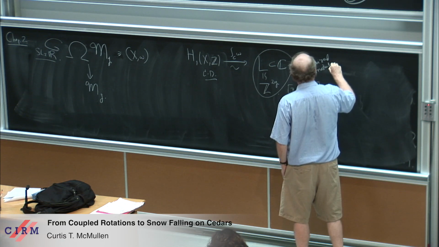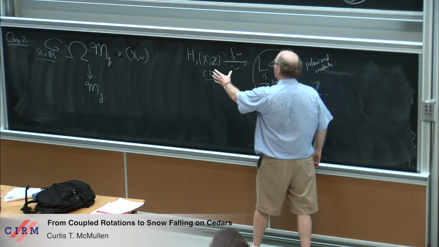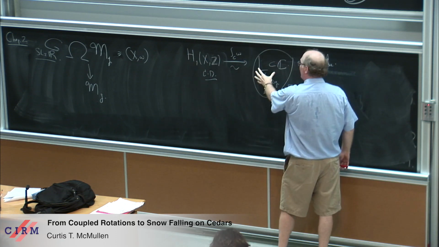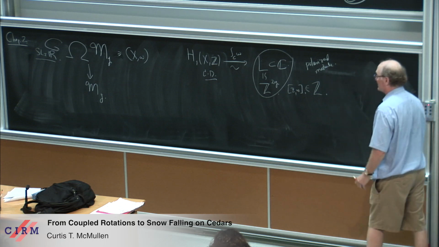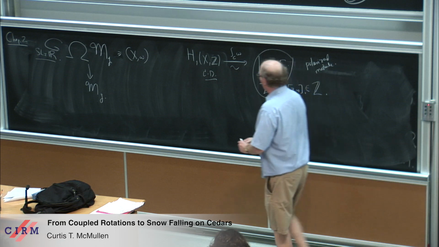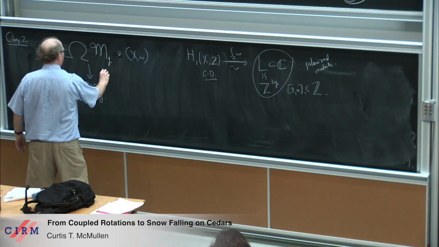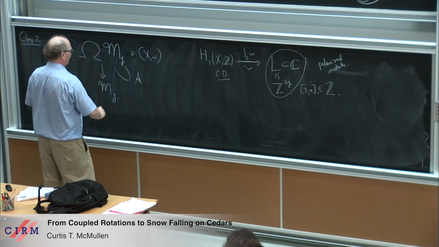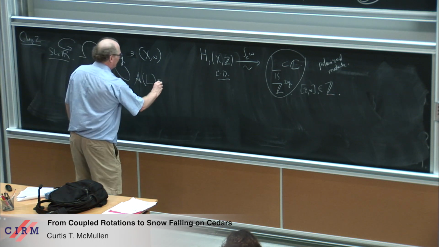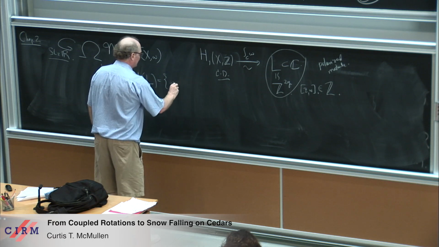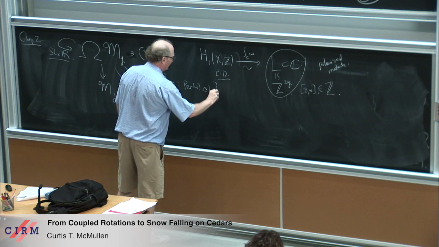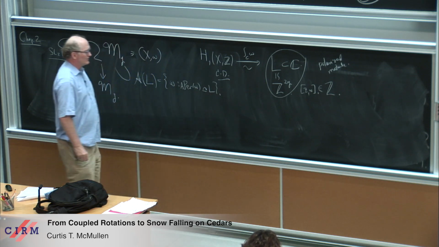And then we can look at all of the pairs (X, ω) such that the image of the period map is the given polarized module L, where we transport the symplectic form from here to here. I will denote that locus inside of Ω M_g as A(L). So it's the set of ω such that the absolute periods of ω are isomorphic to L as a polarized module.